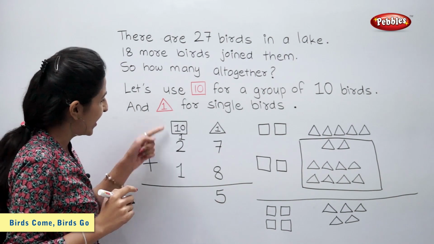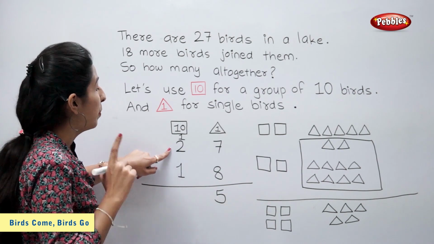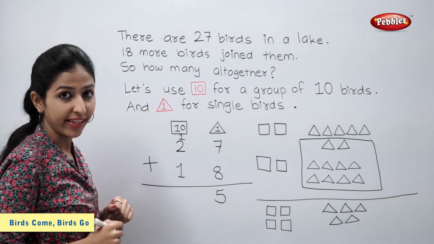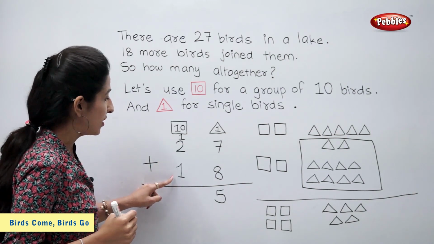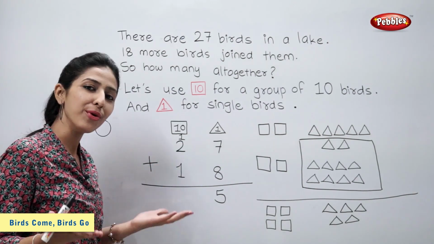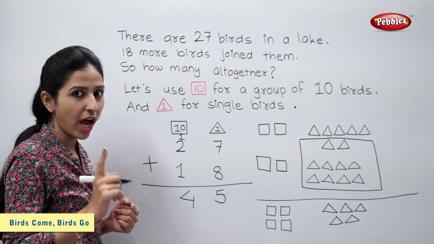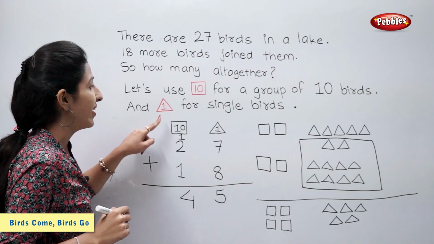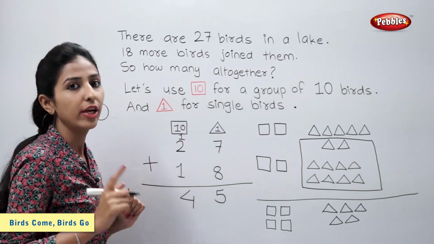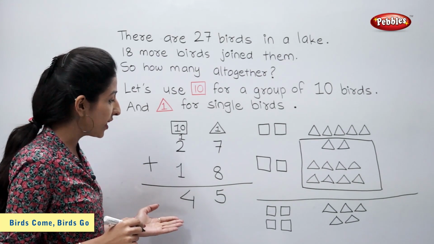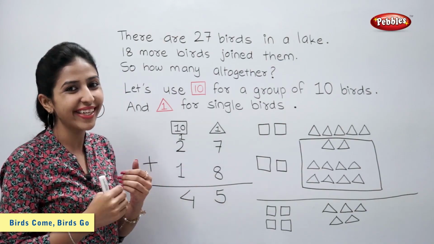Now let's add tens column. 1 plus 2 is equal to 3. 3 plus 1 is equal to 4. Now we have 4 tens and 5 ones. So the number is 45. So there are now 45 birds altogether.